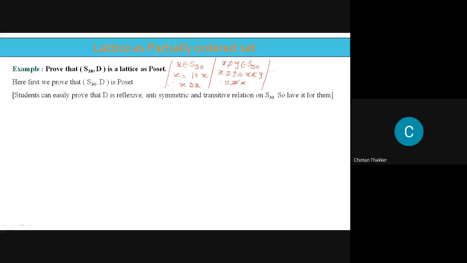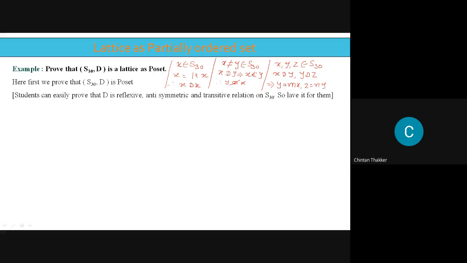Then if we have x, y, z belongs to S30 and x divides y, y divides z, that will give you y equal to some mx and z equal to some ny.